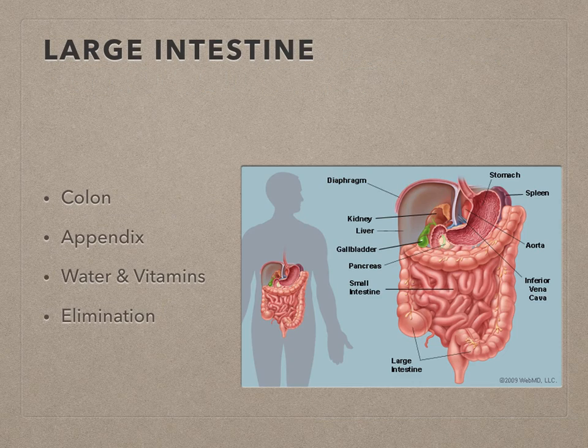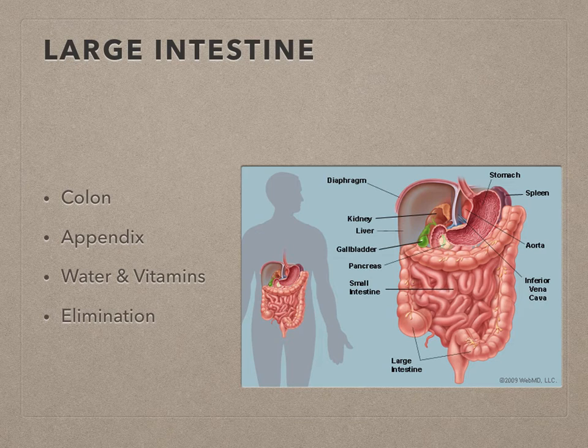Okay. What remains after digestion in the small intestine enters the large intestine, or colon. And this is a shorter but wider in diameter stretch of the gastrointestinal tract. Not much digestion occurs here.